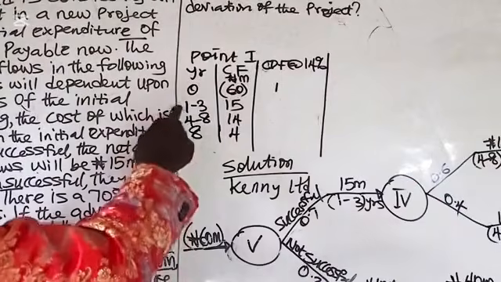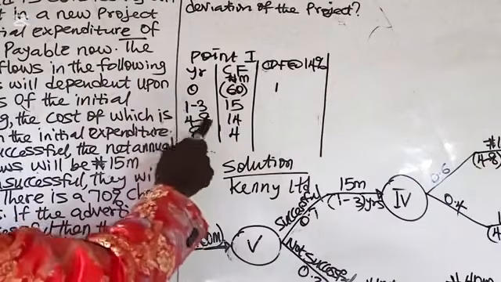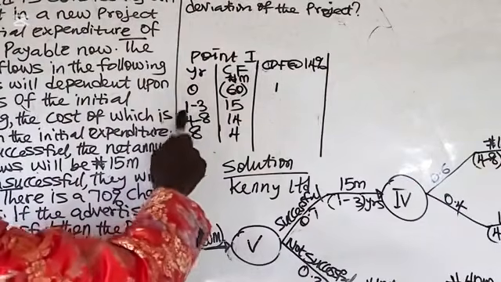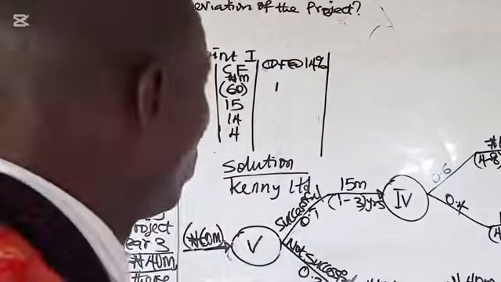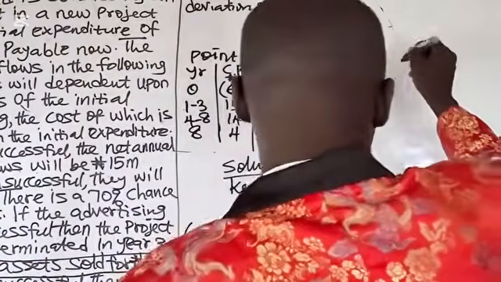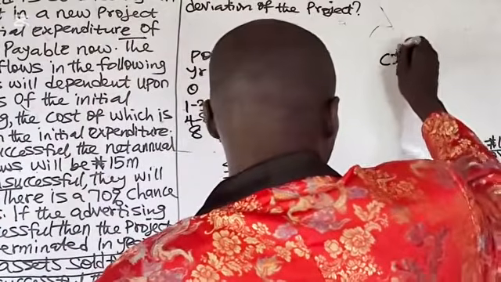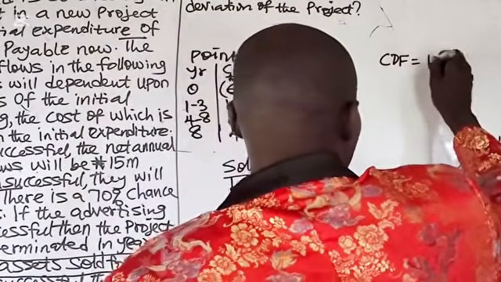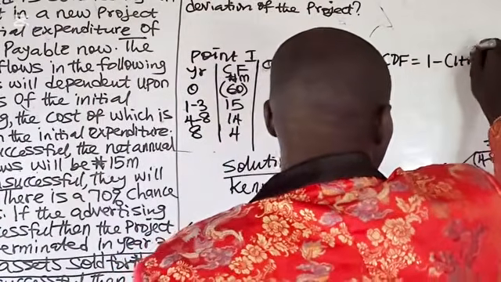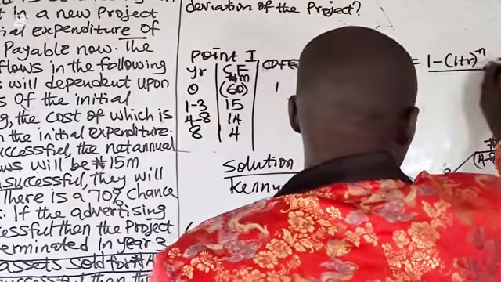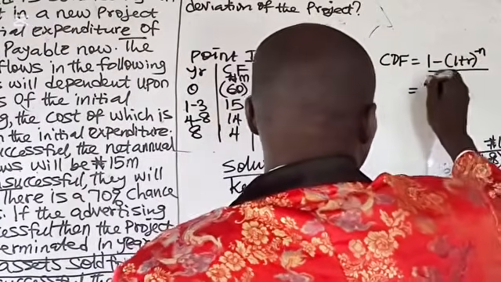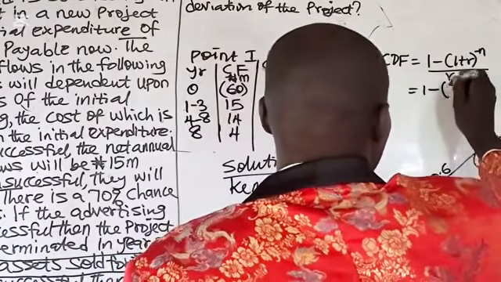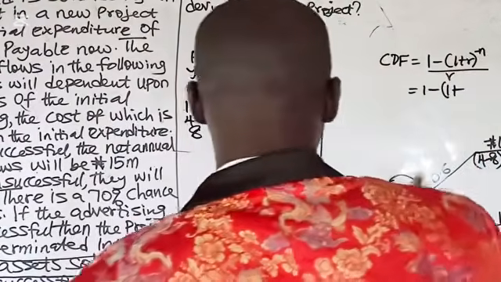Since the years are grouped in range, year 1 to 3, year 4 to 8, you make use of the annuity formula in calculating the cumulative discount factor.